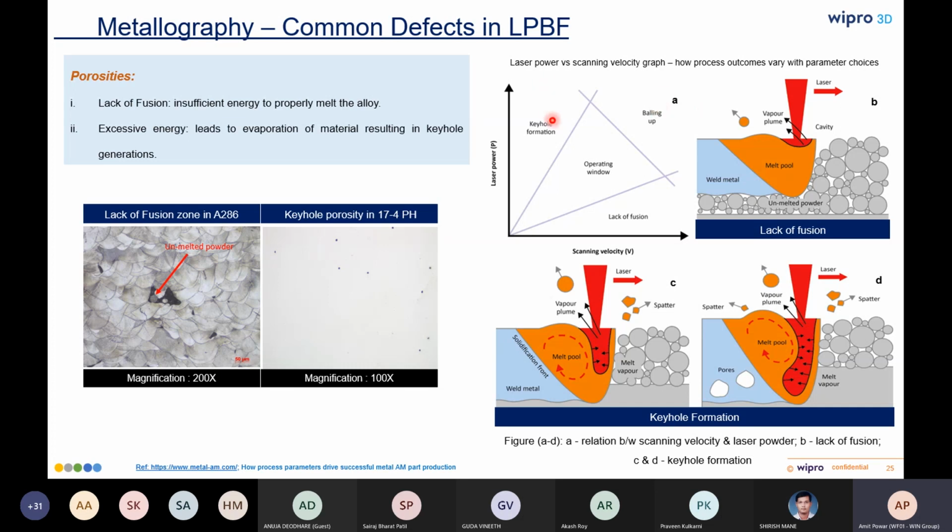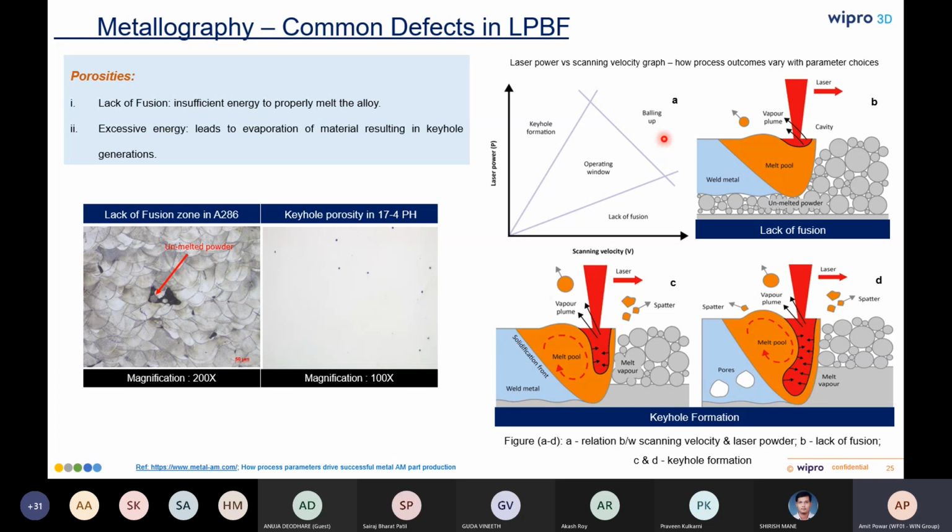However, there is a limit to how hard and fast we can go, right? Beyond one point, the melt pool behavior becomes unstable and we will get a beading effect known as balling up. You might have heard about this in welding, right?